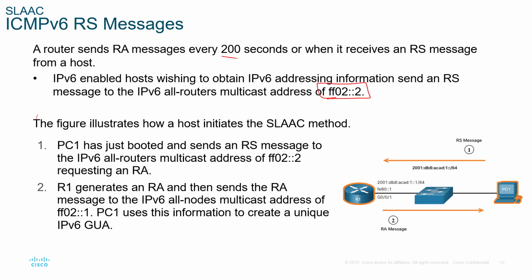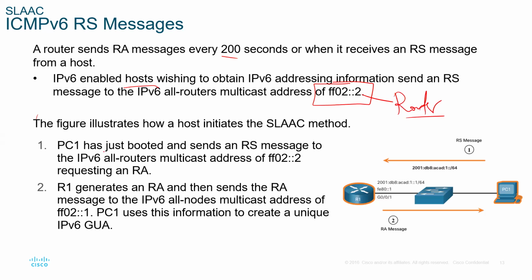I think we looked at this already. So if a host wants to obtain an address, it will send an RS to this group. And this group contains all IPv6 enabled routers on the link.